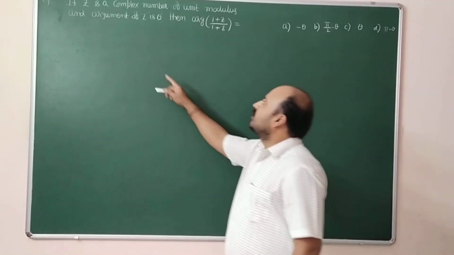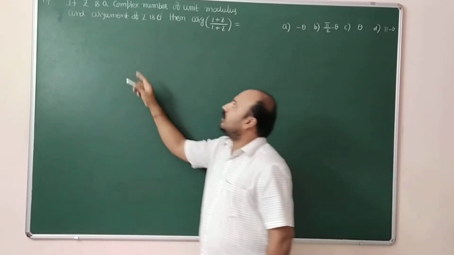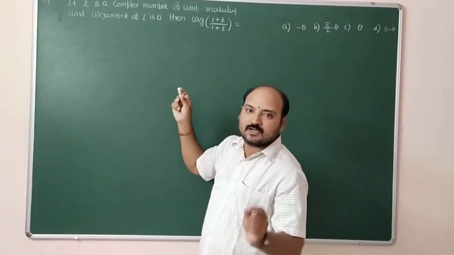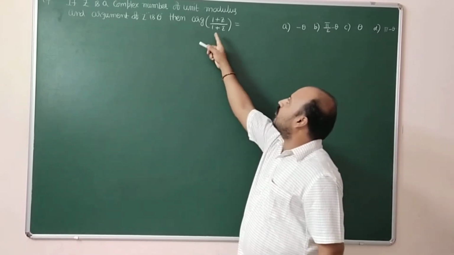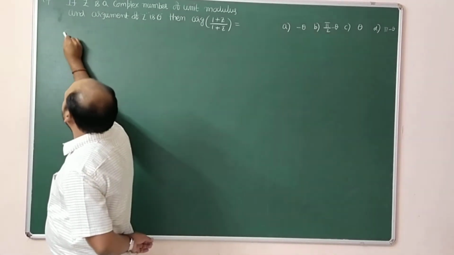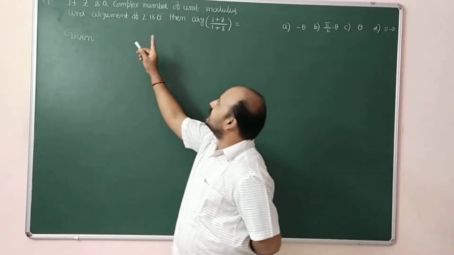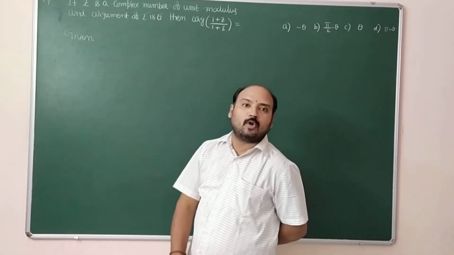Next question. If z is a complex number of unit modulus and argument of z is theta, then argument of 1 plus z by 1 plus z bar. So given information, z is a complex number of unit modulus.